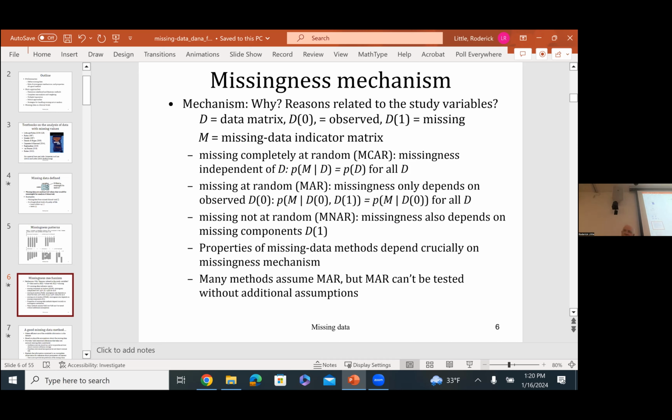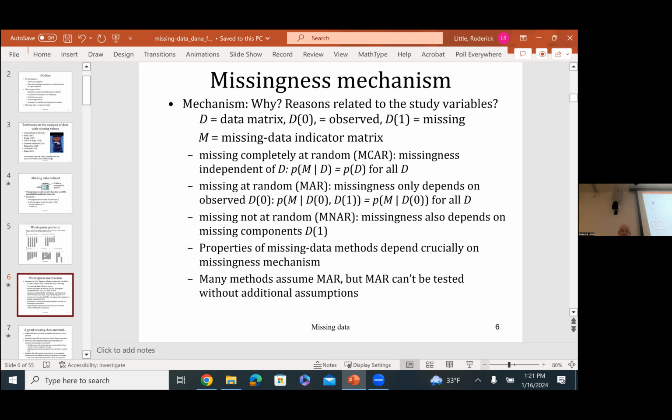Most of the methods we have out there essentially assume missing at random, so this is a bit of a limitation. And one of the problems with missing data is that often you can't really tell whether things are missing not at random. You can do tests for missing completely at random, but you can't really tell whether something depends on something that's missing, because you only see that variable for the values that are observed.